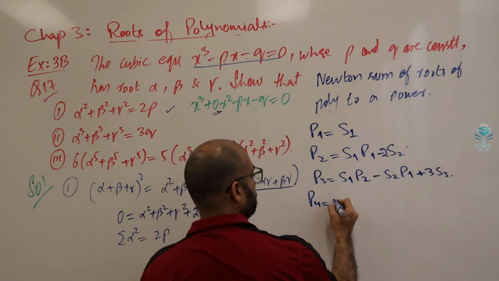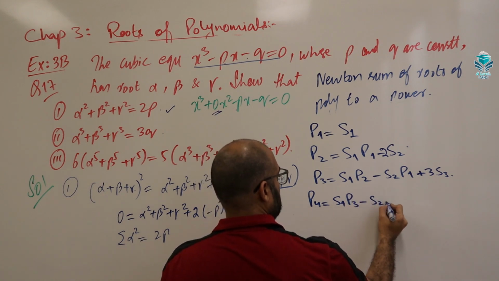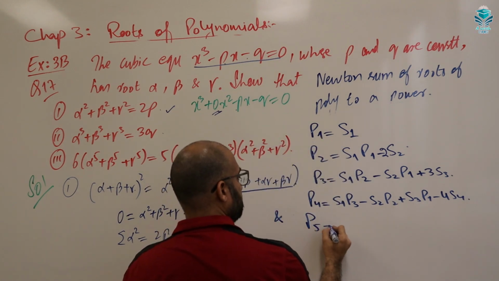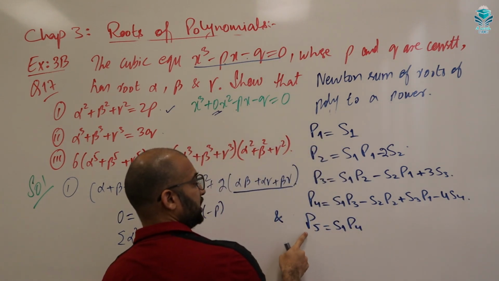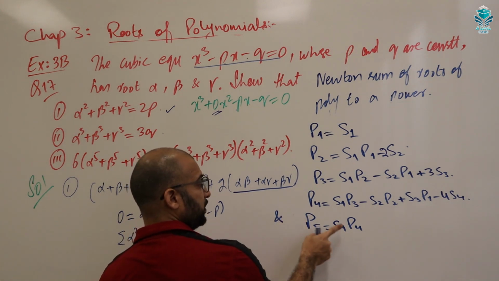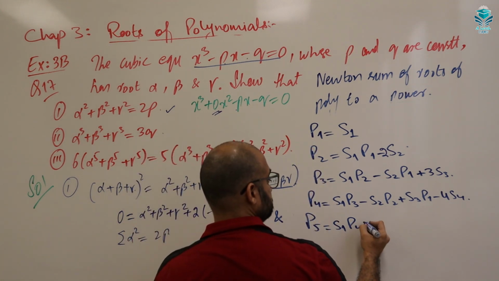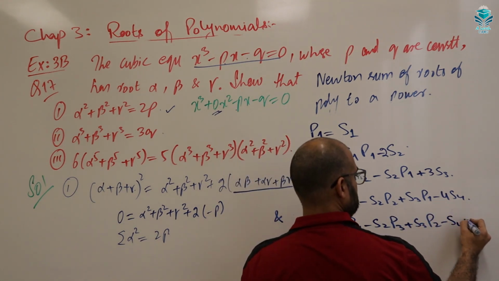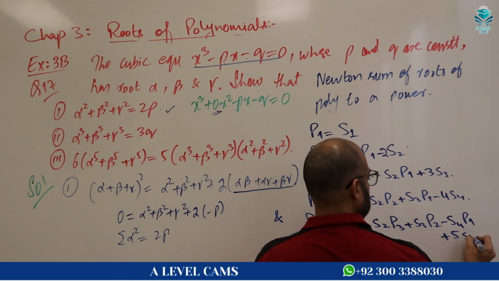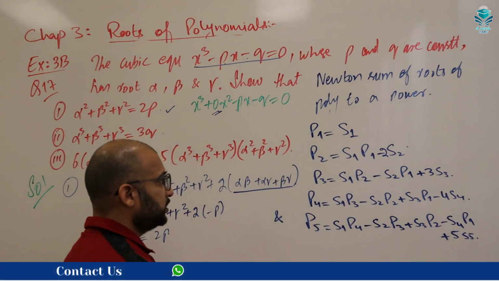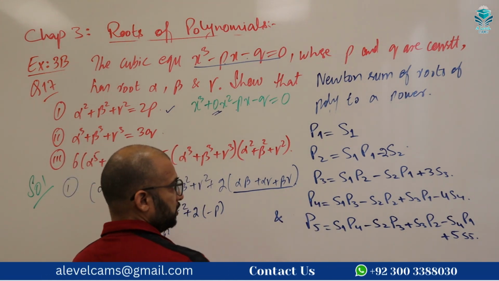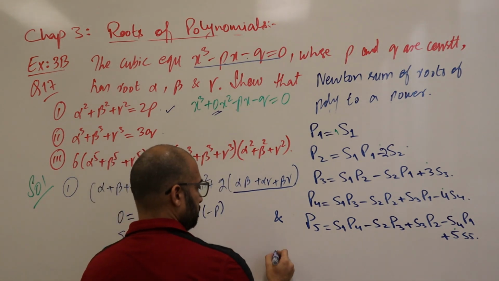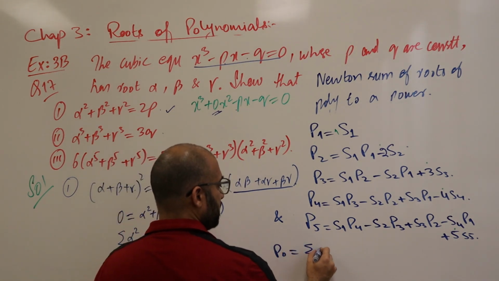Similarly p4, and for p5 you can see that in the next p we use the previous p4, and similarly for the others. Understand? Students, you can observe here the coefficients 1, 2, 3, 4, 5 are actually p0, meaning you are adding power 0.